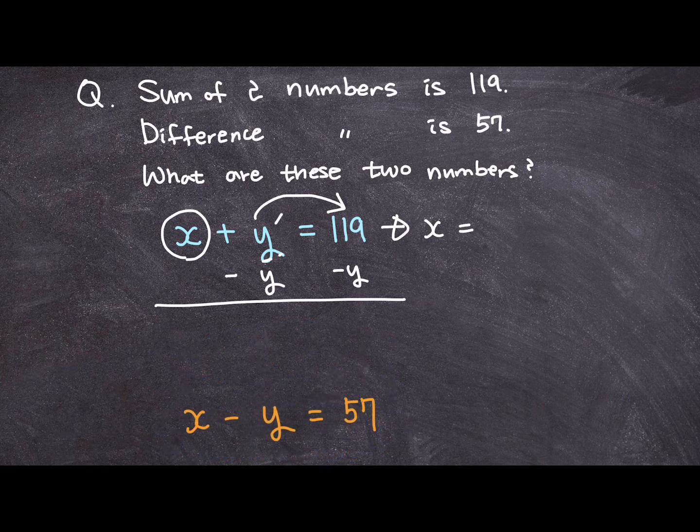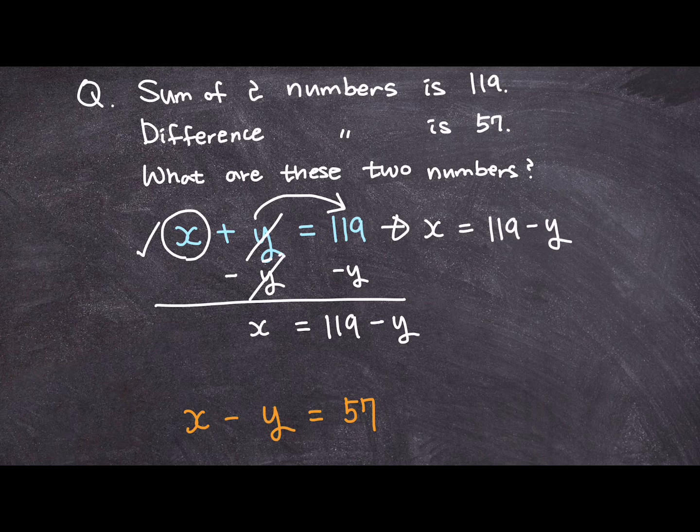That way I can eliminate y from the left side and be left with just x. On the right side, I'll have the integer 119 and also y. So x is equal to 119 minus y.